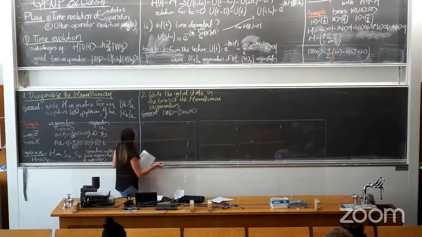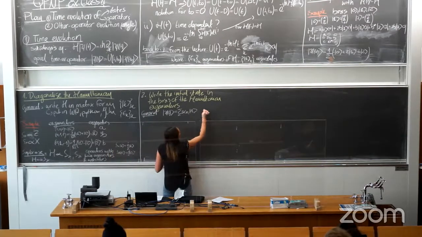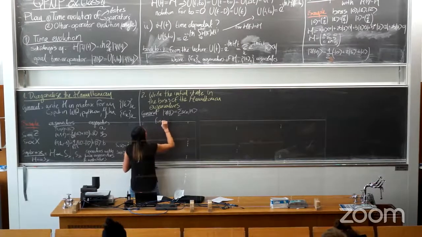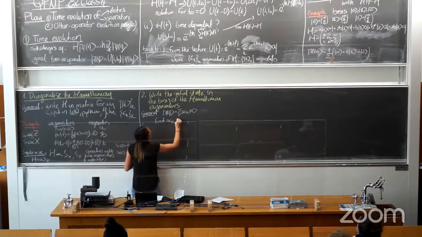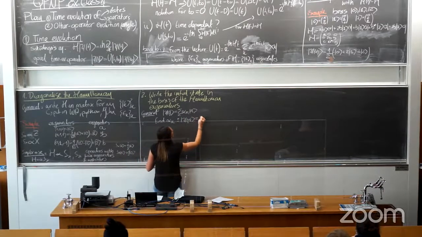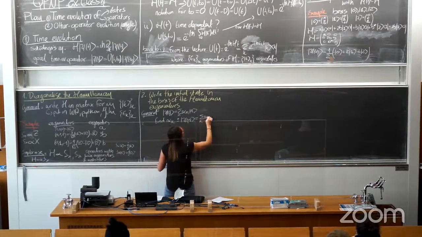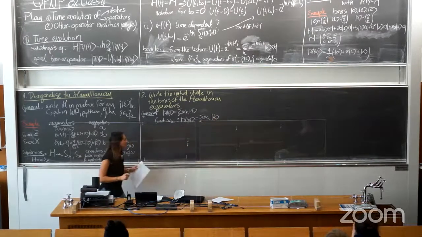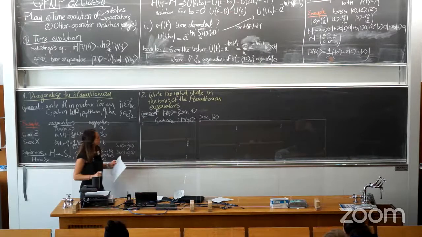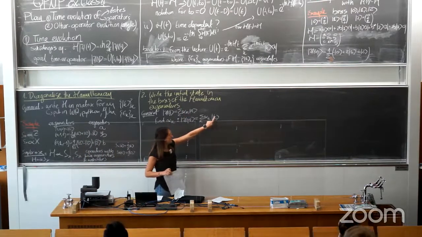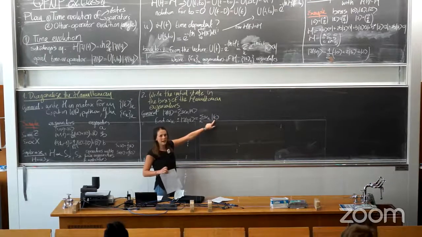And this means we have to write, so find hk so that psi of 0 is equal to the sum over k of hk. So I have to write it in the basis of the eigenvectors.